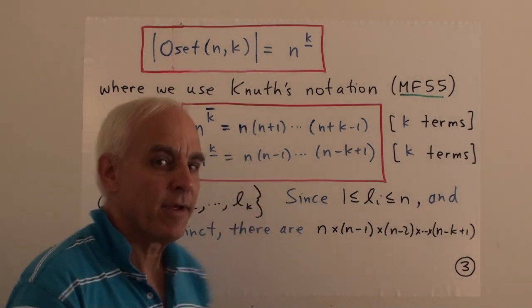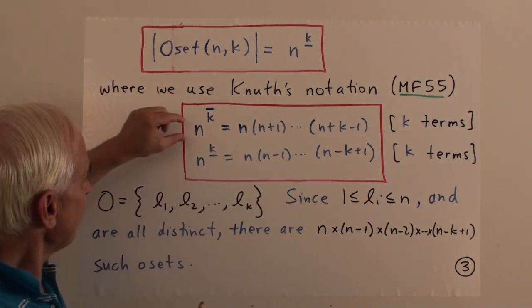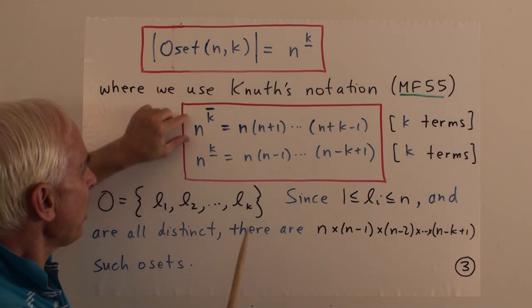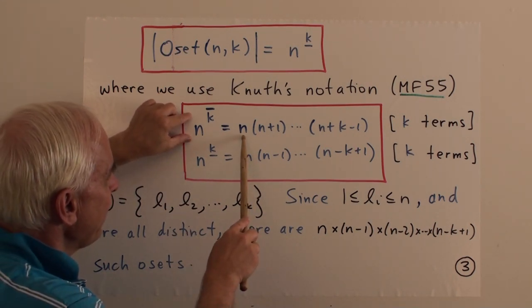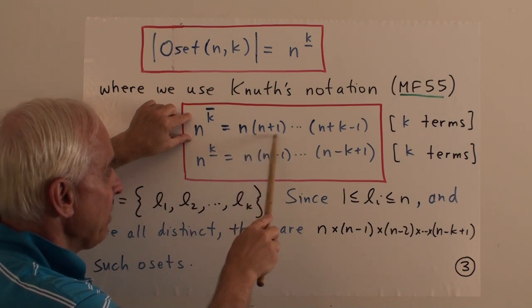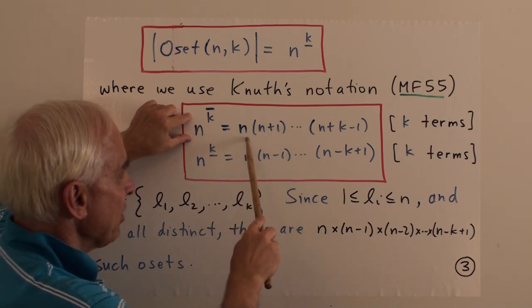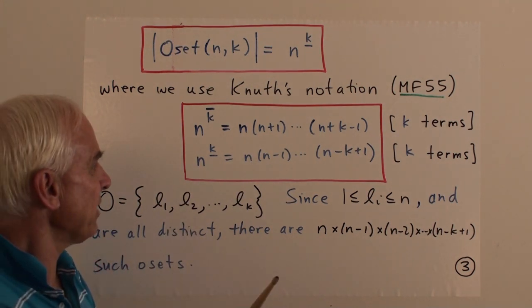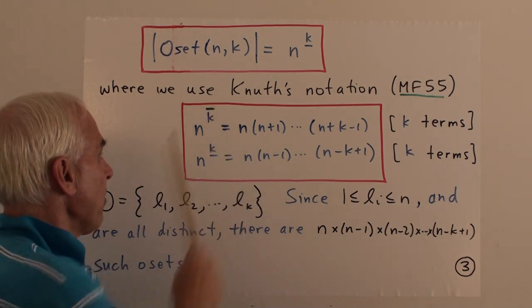Donald Knuth introduced the very pleasant, efficient way of talking about what happens when you multiply an n by n plus 1 by n plus 2 and so on, and altogether k such increasing things multiplied together. That was n to the k rising.